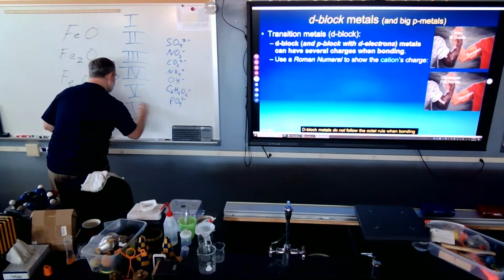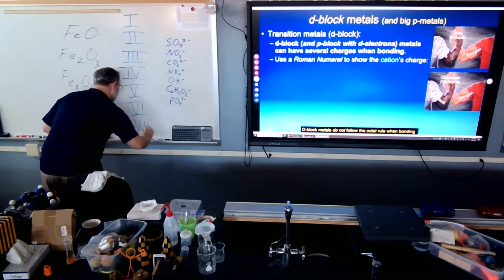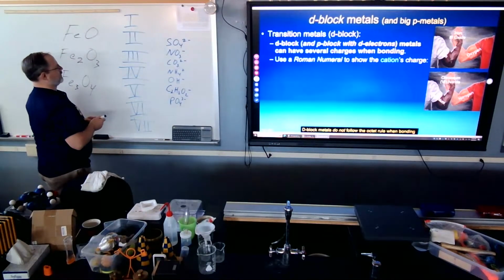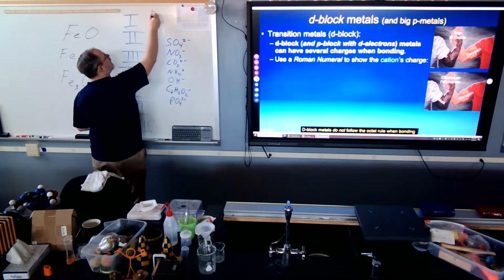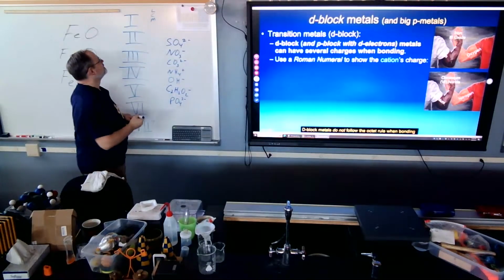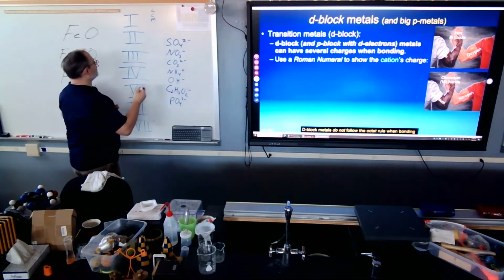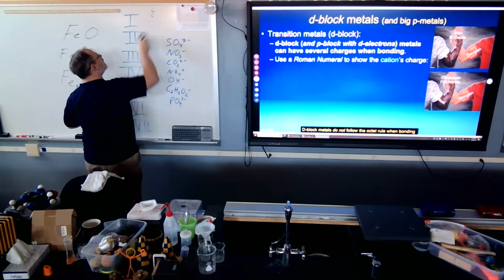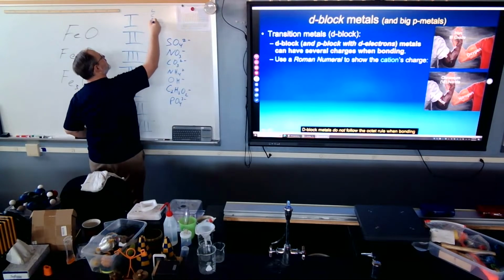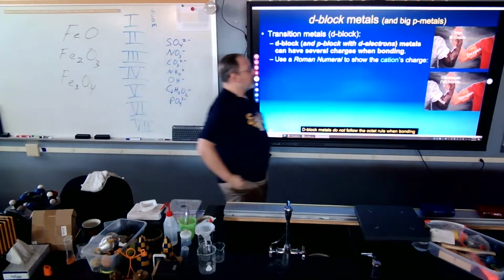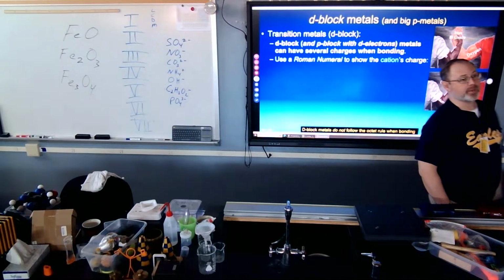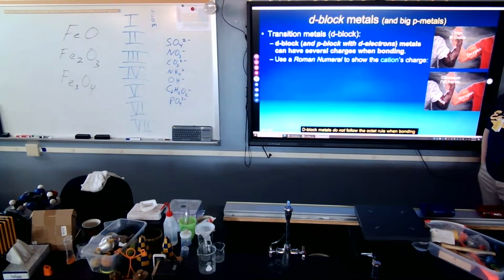VI, 6. And finally 7. And for posterity, 50, 100, and there's one more I missed, D, 500, 1,000. Okay. So we use Roman numerals to show the compound's charge.